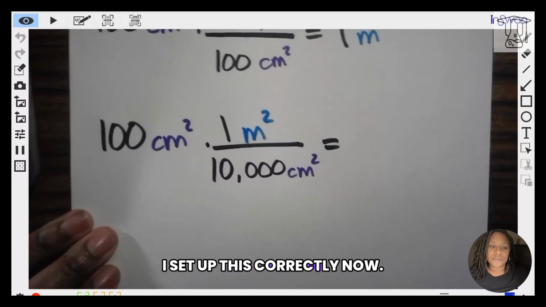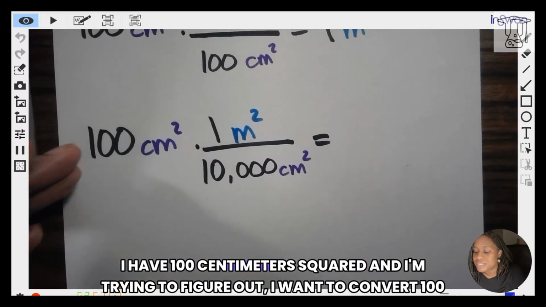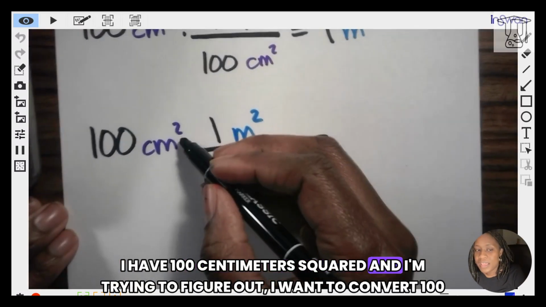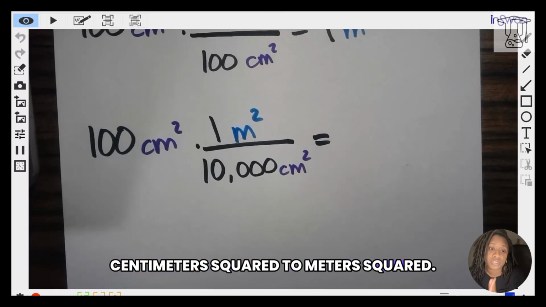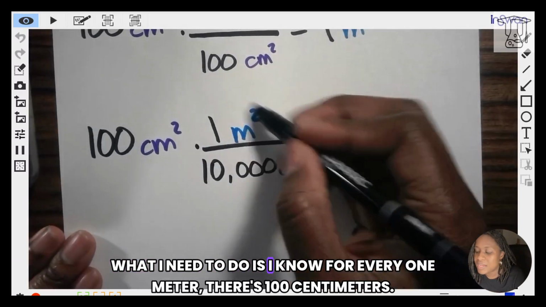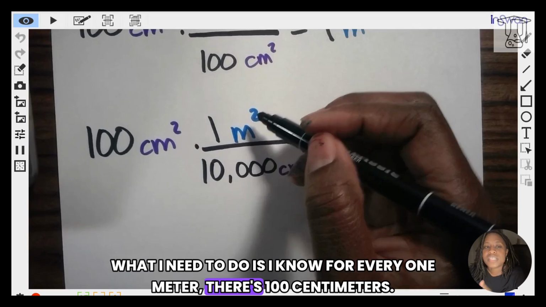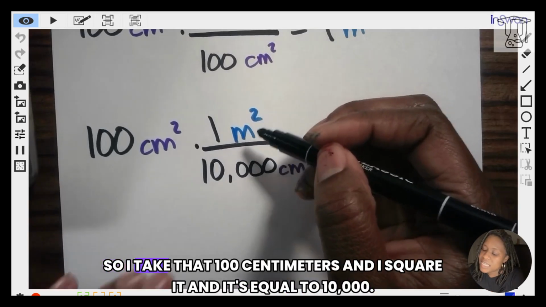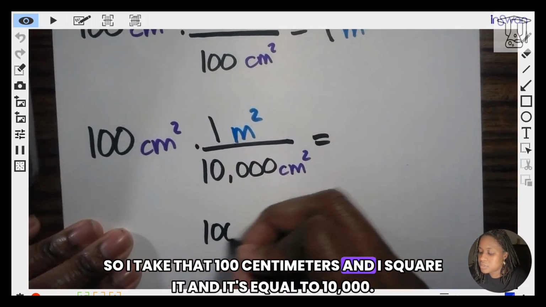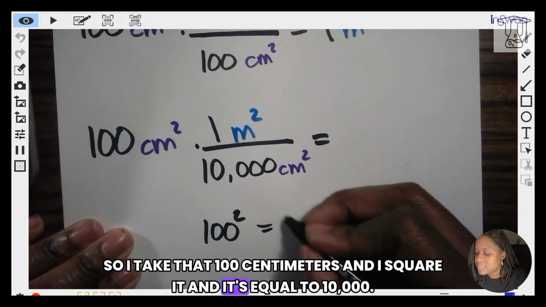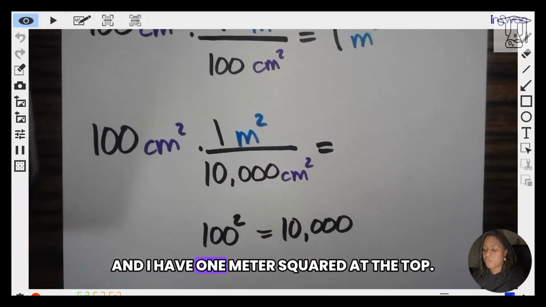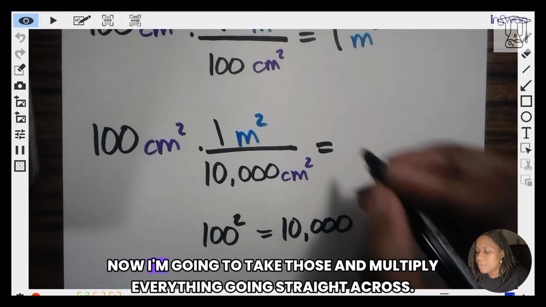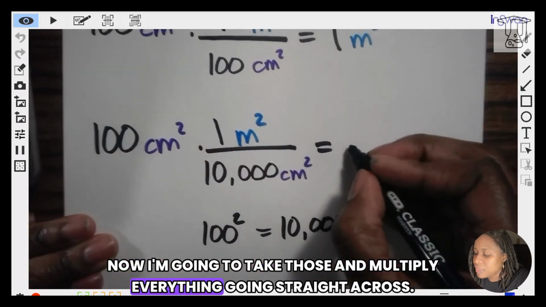I've set this up correctly now. I have 100 centimeters squared, and I want to convert 100 centimeters squared to meters squared. What I need to do is, I know for every 1 meter, there's 100 centimeters. So I take that 100 centimeters and I square it, and it's equal to 10,000. And I have 1 meter squared at the top. Now I'm going to take those and multiply everything going straight across.